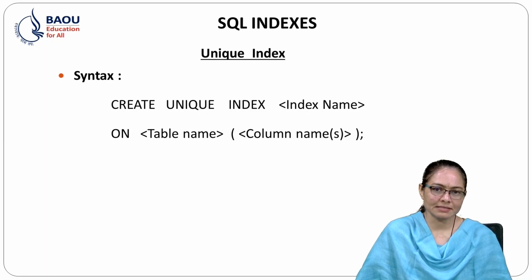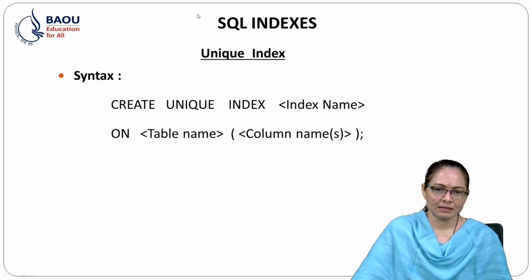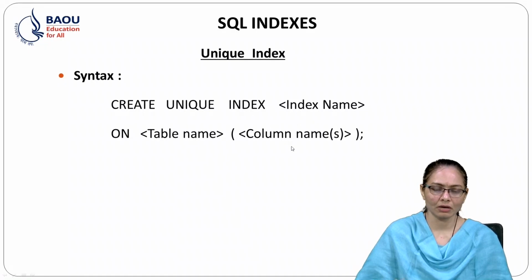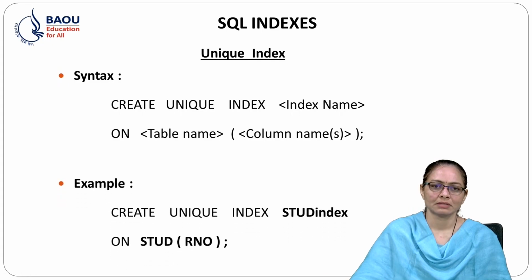The unique index is created using the keyword unique. See the syntax: create unique index, then index name, on table name, then in the brackets column name, and then a semicolon. See the example: create unique index, then index name, on stud, in the brackets roll number.